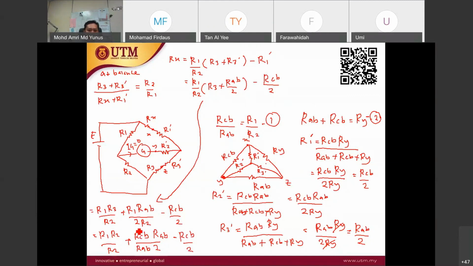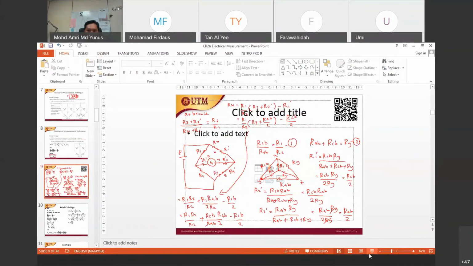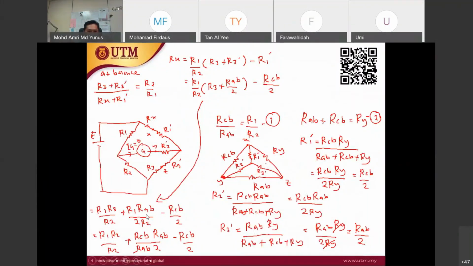Okay, so here these cancel. This is plus RCB over 2 minus RCB over 2.